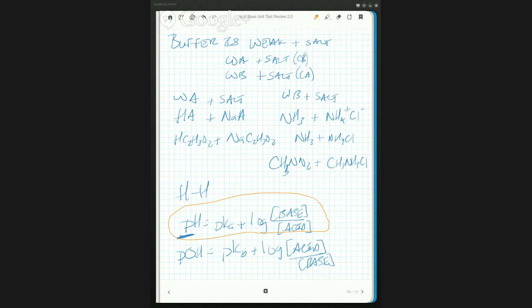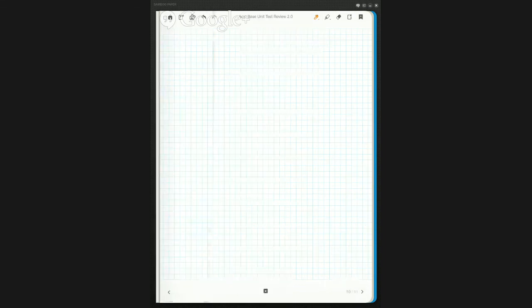Okay, done on that one. All right. What is titration? How do you do calculations? So a titration is a reaction between acid and base. The purpose of a titration is like a neutralization.